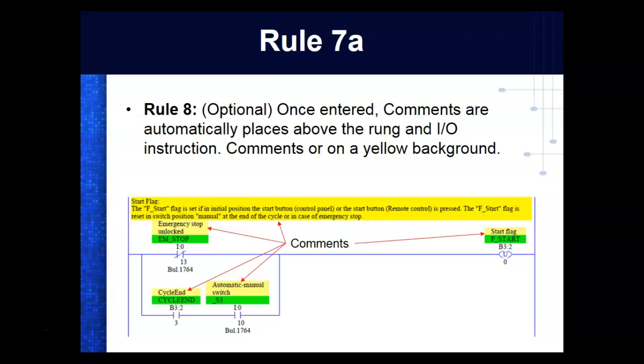I can read this and I don't have to figure out the program, because the programmer let me know. We can give comments to rungs, and even though it uses EM underscore stop for the symbol, he's actually put that it's the emergency stop unlock circuit that would be connected. So comments are real good.